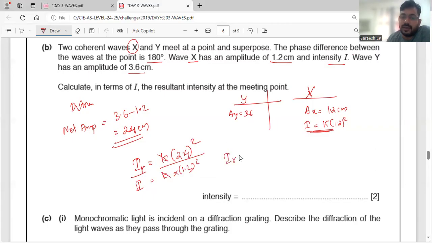So IR equals 2.4 all square divided by 1.2 all square into I. That is going to be 4. So the resultant intensity is equal to 4 times the intensity given.